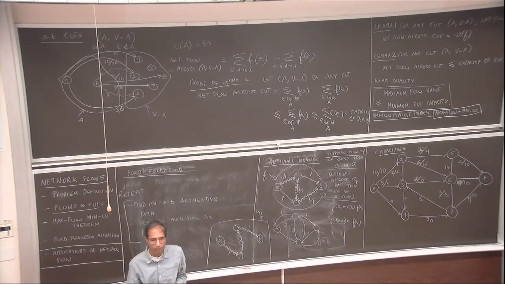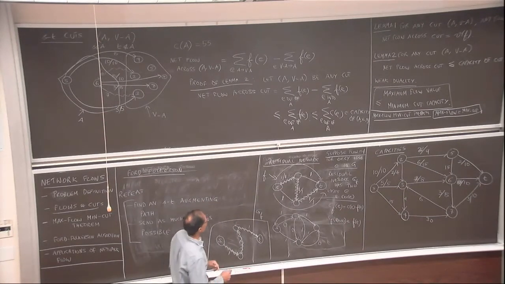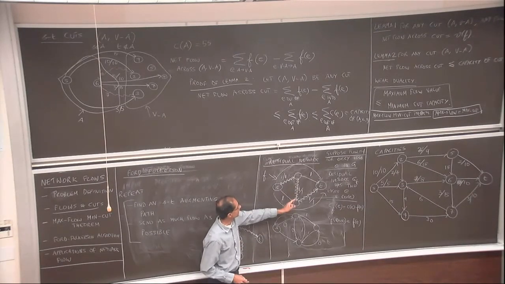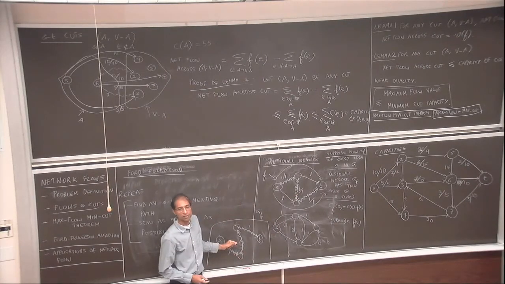But you have the central cycle? No, notice that this edge doesn't exist. So the flow along this edge is equal to the flow of 1 minus this flow, which is in the negative direction, which is equal to 0.